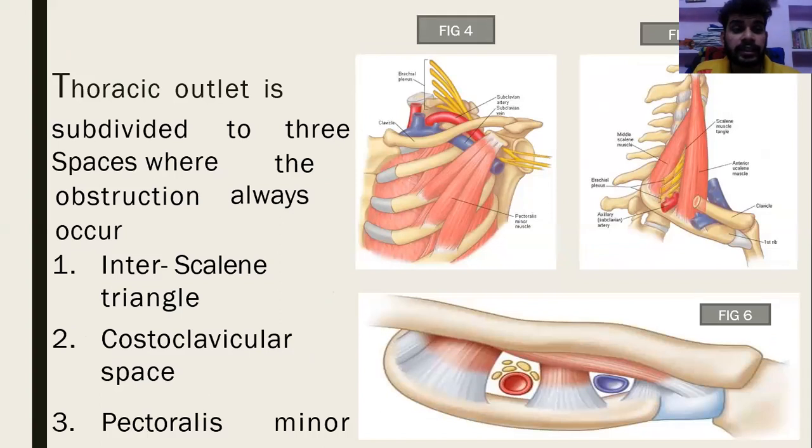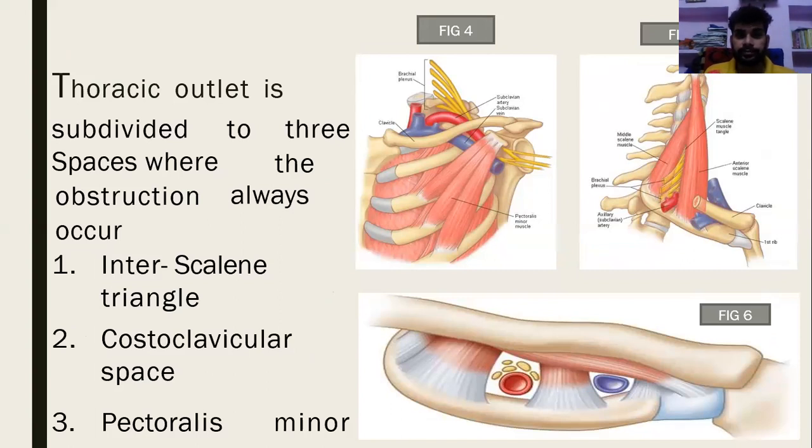Now the thoracic outlet is subdivided into three spaces: the interscalene triangle, the costoclavicular space, and the pectoralis minor space. We see the interscalene triangle in figure 4.